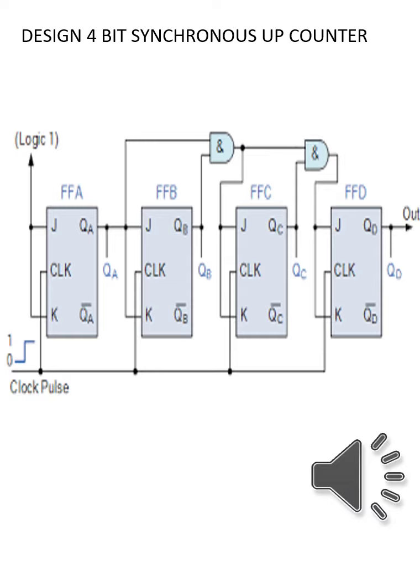For the third flip-flop, J and K are connected with QA and QB, that's why they used an AND gate. In the 4th flip-flop, J and K are connected with QA into QB into QC. So this diagram states that for flip-flop A, JK is connected with 1, flip-flop B with QA, flip-flop C with QA into QB, and flip-flop D with QA into QB into QC.